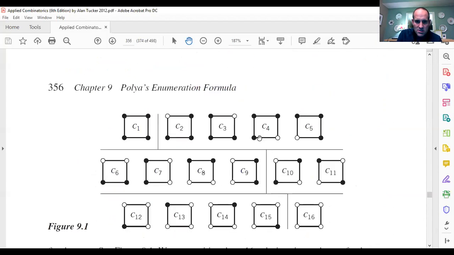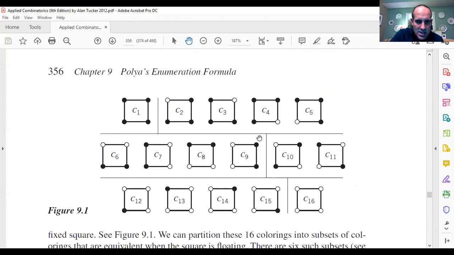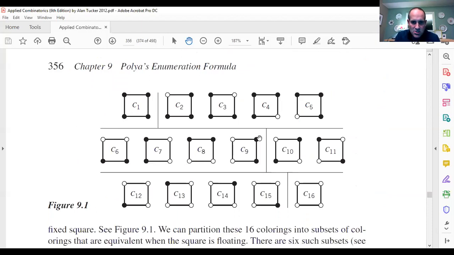Well, I have to know what C2 is. C2 is this guy right here that has one white vertex in the upper left. C4 has one white vertex in the lower right. Okay, so C2 and C4, does the coloring that flips both diagonal vertices around? Yes, that's going to toggle between C2 and C4.